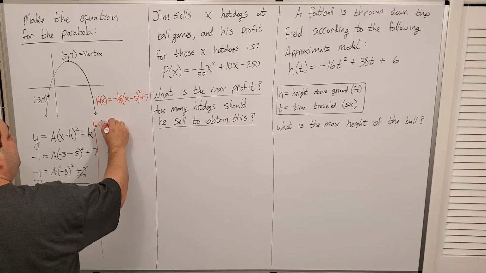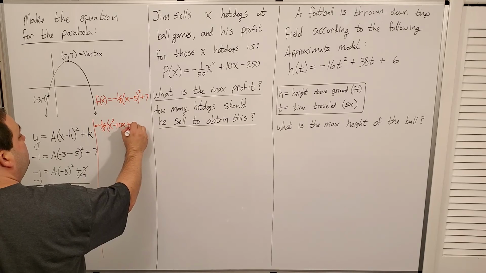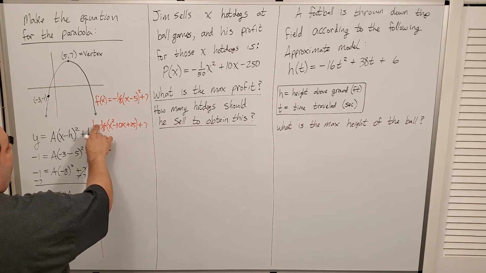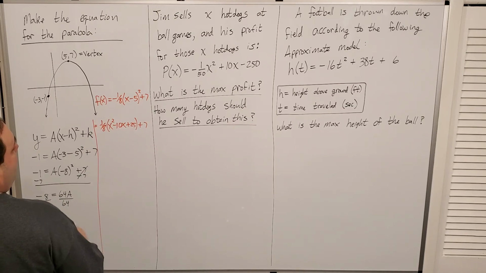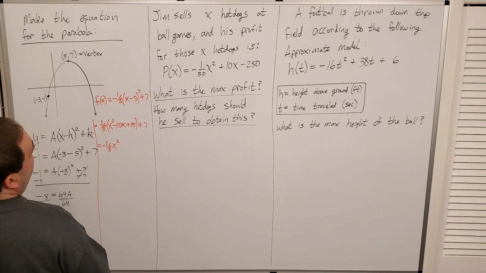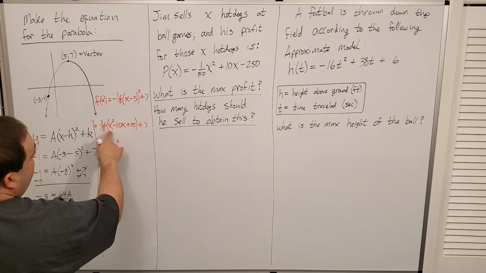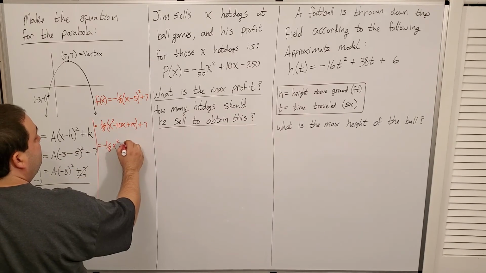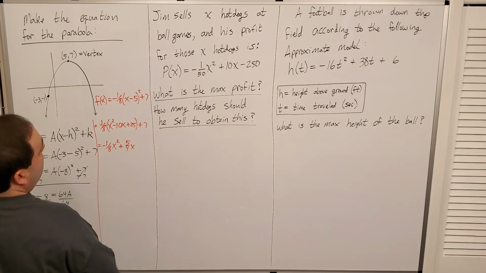I would then distribute the -1/8 here. That would be -1/8 x squared. -1/8 times -10 would be plus 10/8, which is 5/4 x.